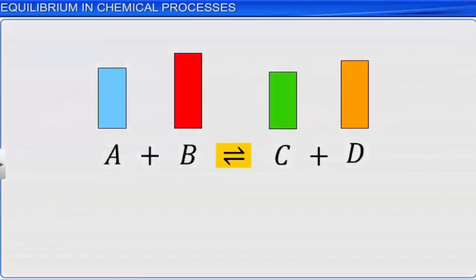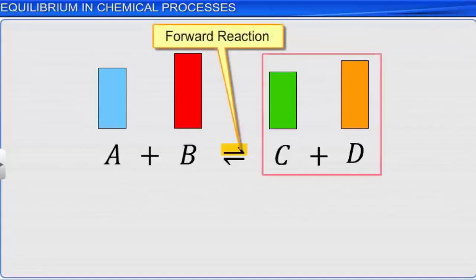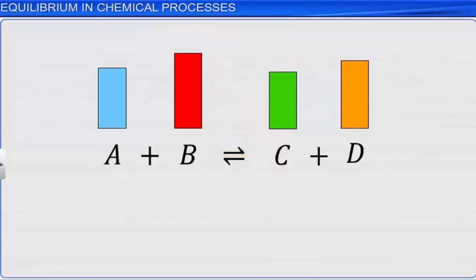A reversible reaction may be defined as a chemical change in which the products can be converted back into the original reactants under suitable conditions. In a reversible reaction, the reaction in which the reactants react to give the products is called the forward reaction, while the reaction in which the products react back to give the reactants is called the backward reaction.